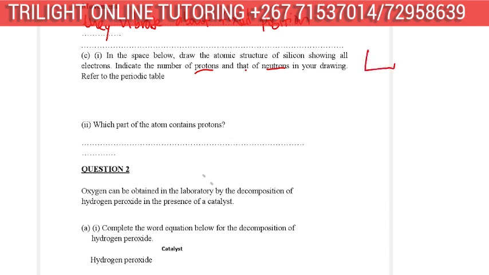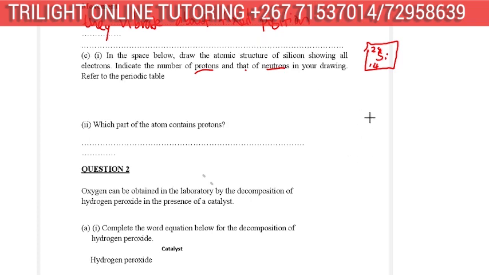So for silicon Si, we have mass number of 28 and proton number 14. Now they're asking us to indicate the number of protons and that of neutrons in your drawing.